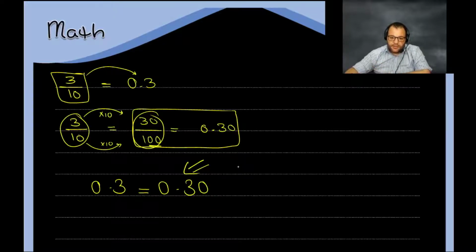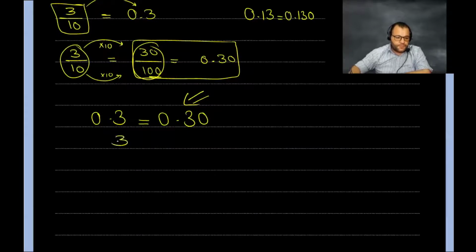You understand it? It means when I say 0.13, it will be the same as 0.130. If you add 0 at the right of the decimal, it will be the same value. It will not be changed. Again, when I write 03, that equals 3. Zero at the left of the number doesn't mean anything.